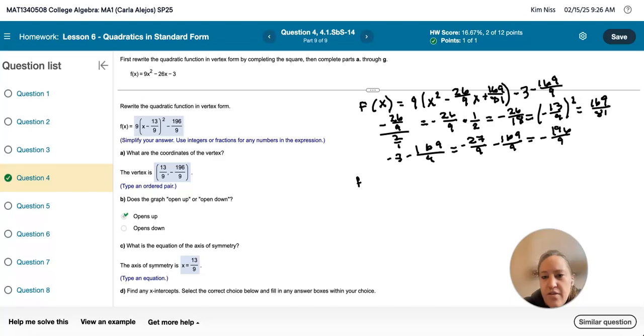So now we have f of x equals 9 times x squared minus 26 over 9x plus 169 over 81 minus 196 over 9.